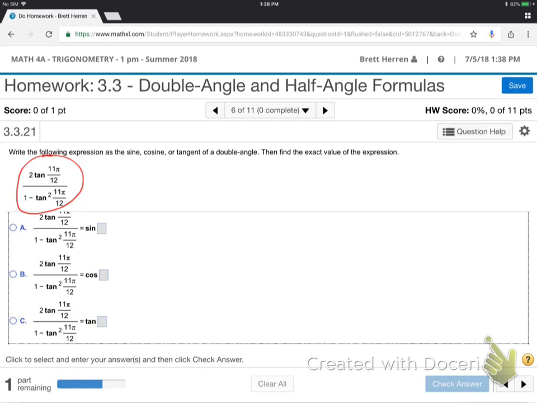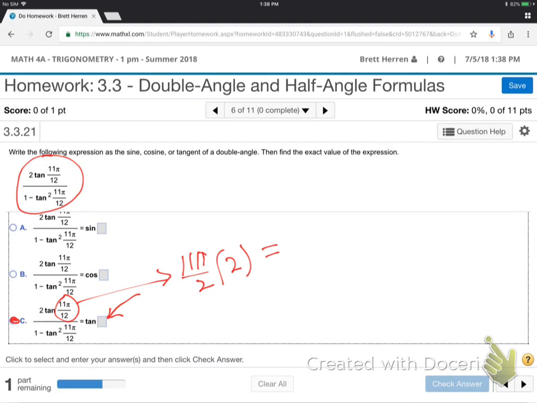Which one is it? One simple tangent of what angle, though? Double the angle. You guys with me? So I got to take that angle they're using, which is 11 pi over 12, and go times 2. So far so good?